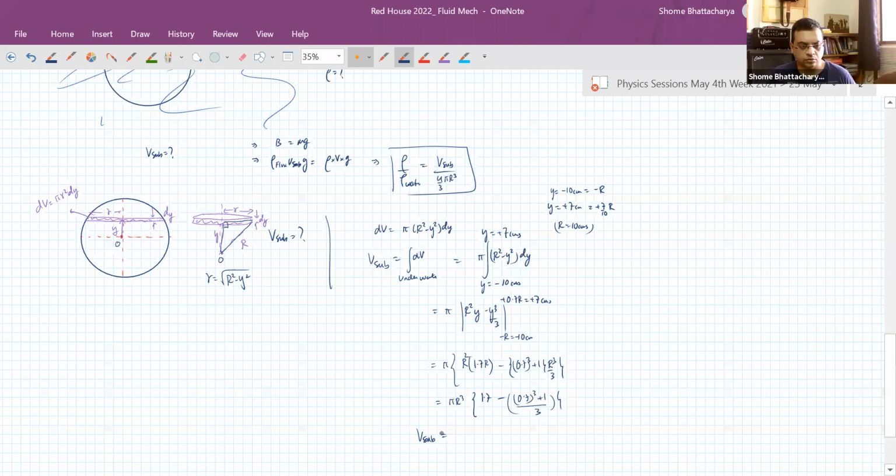So it's about 1.25 pi r cube, or approximately 5 by 4 pi r cube. Okay.